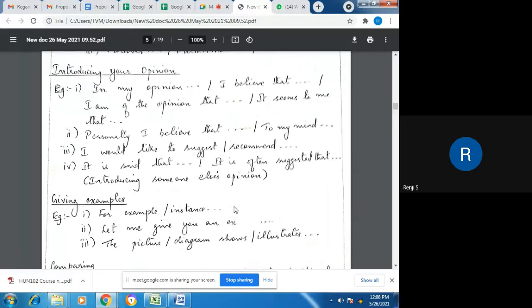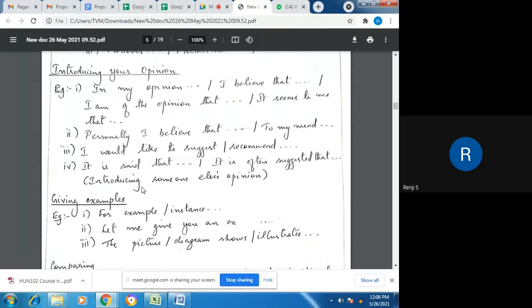Then, it is said that, it is often suggested that. This fourth sentence shows introducing someone else's opinion. In the first three sentences, we were speaking about introducing our opinion, but in the last sentence, it is introducing someone else's opinion, and they are of the opinion that, etc. Or it is said that people do not believe, like it is the people's belief.